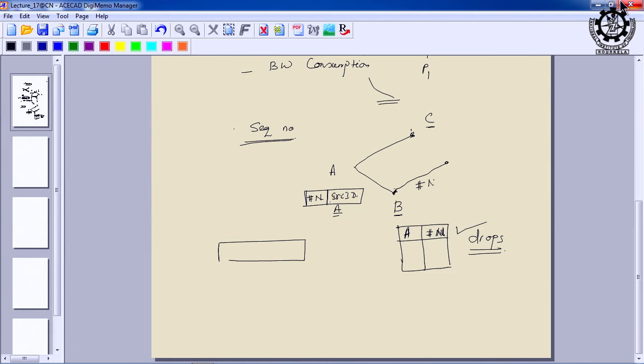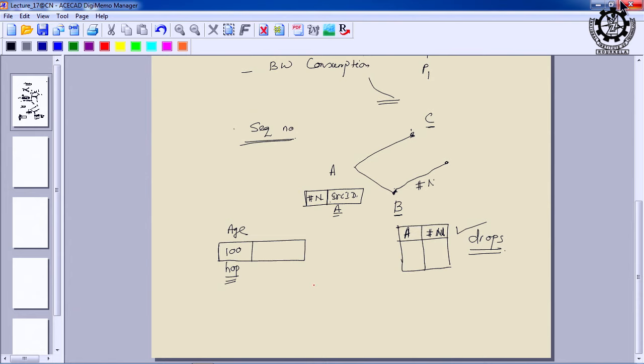Another method is to include a field called age in the packet. This age defines how many hops a packet can visit. Let us say the packet can visit 100 nodes, so the age of the packet is 100.